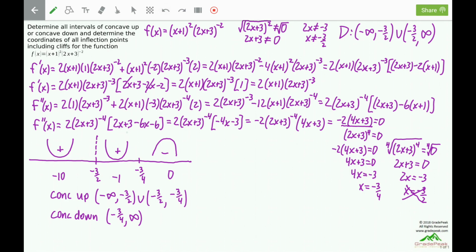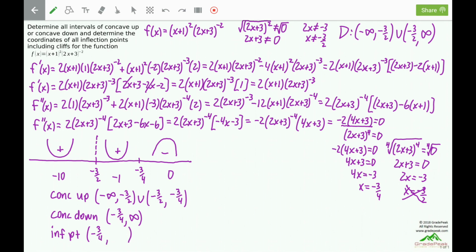The only candidate number is the -3/4. Right at the candidate number of -3/4, the concavity changes from concave up to concave down. That makes x equals -3/4 an inflection point. So we have an inflection point with an x-coordinate of -3/4.